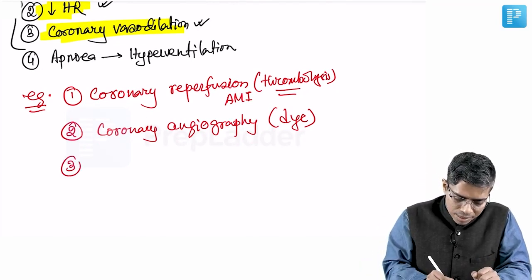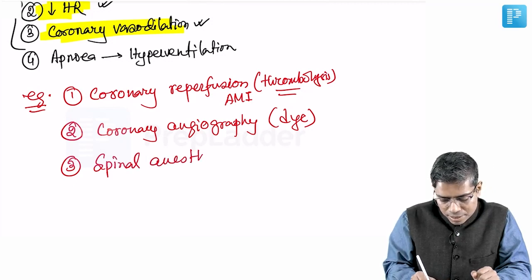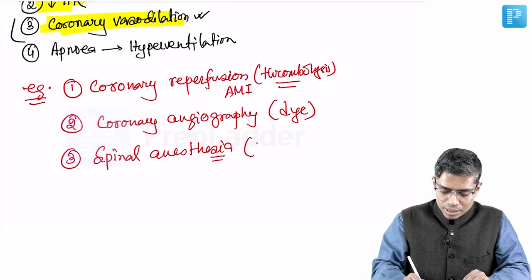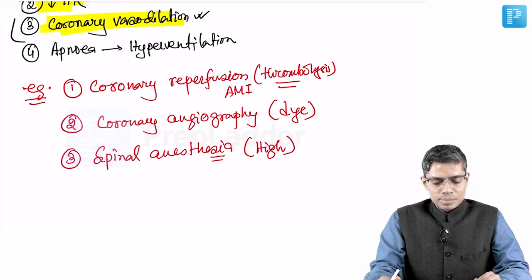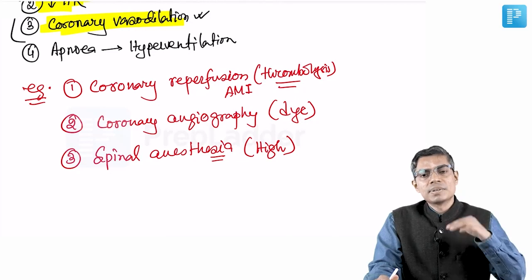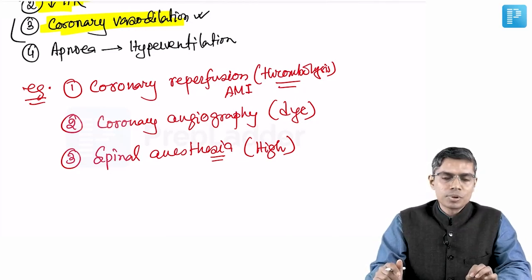Number 3, sometimes in case of spinal anesthesia also, this reflex can be activated, particularly in case of high spinal anesthesia. Particularly during shoulder surgery, if the surgery is done in sitting position and I have given a spinal anesthesia which is at a very high level, that can activate this Bezold-Jarisch reflex.